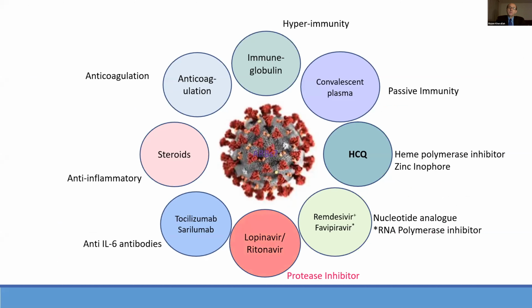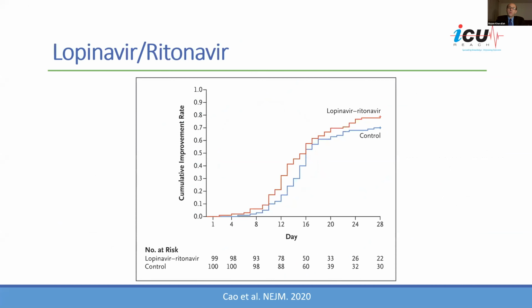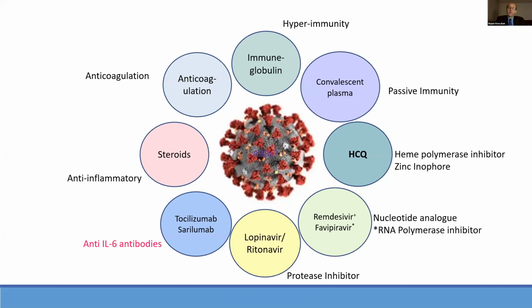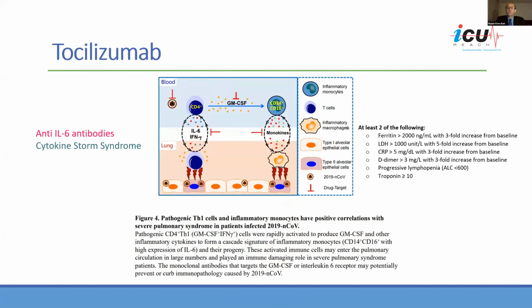In terms of tocilizumab, we measure the interleukin-6. However, it takes time, so it doesn't come right away. If we have 2 of the following, we would start tocilizumab for those patients.